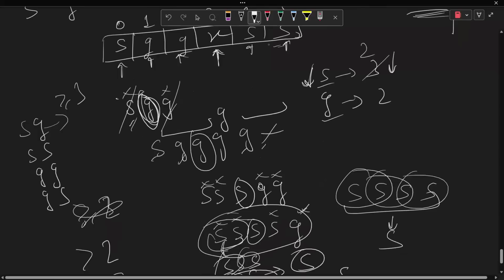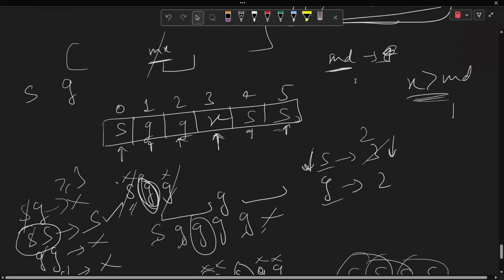If you apply on this, you are removing the smaller, that's not beneficial. If you apply on this, you are removing one of the smaller into a single form, so that is beneficial. If you apply on this, you are removing a greater element, not beneficial. If you apply on this, you are removing the smaller element, not beneficial. So the only benefit you can get is when you have two consecutive elements which are smaller than x.